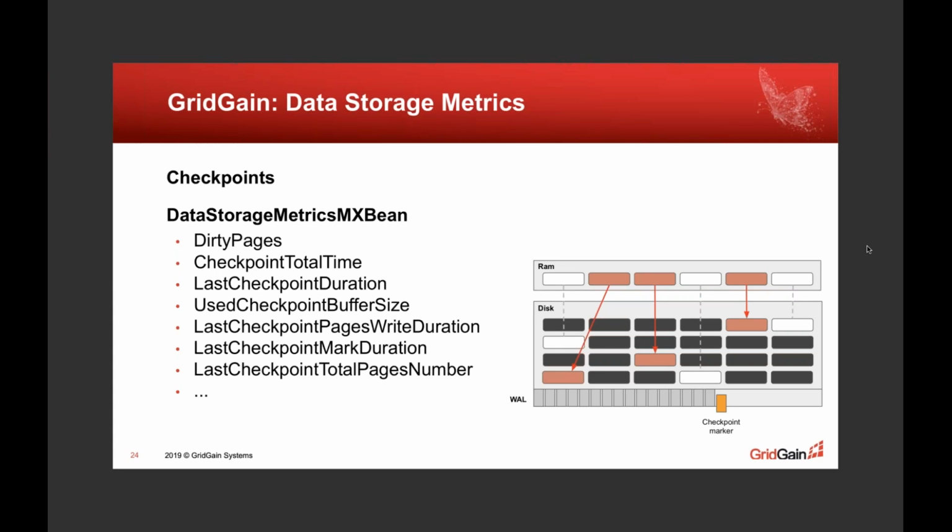So you may want to track it in case you have some performance issues, because if you have too many checkpoints, then your performance will be limited by the speed of your disk, and you may want to increase the size of your memory region, for example. There is a set of metrics that you can use for it.